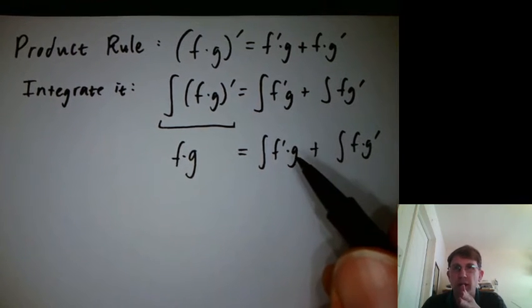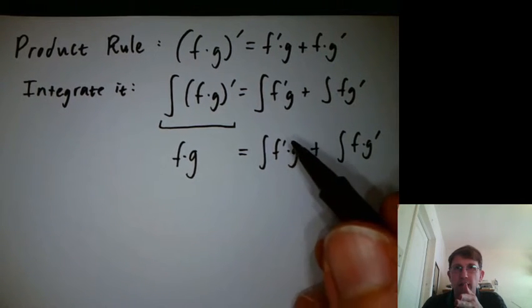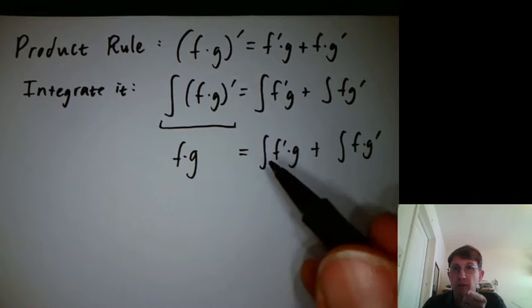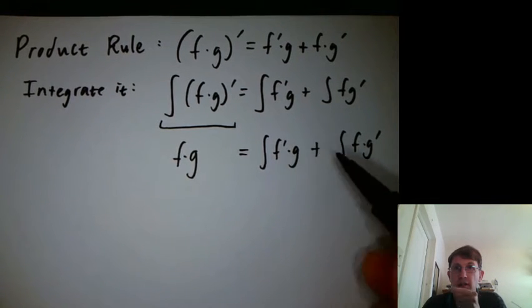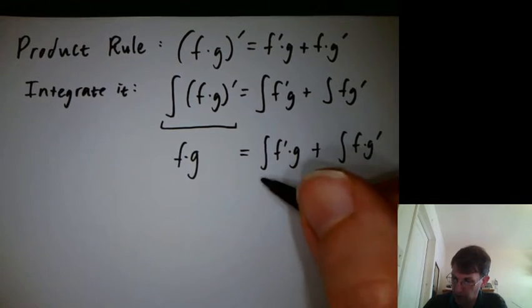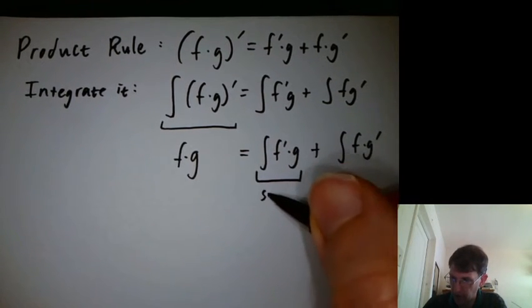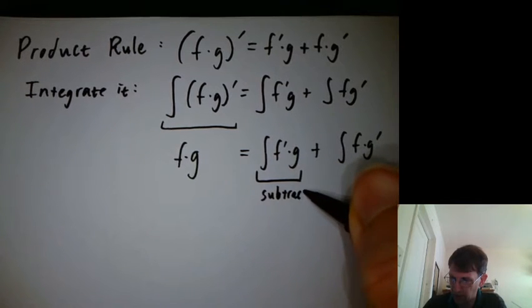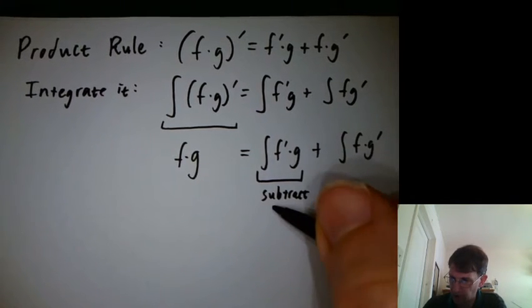Now we're going to do something unintuitive. Let's take this and subtract it from both sides to get just this thing all by itself. Because if we want to have a rule for integrating stuff, it would be nice if we had just one integral on one side of the equation, right? So we're going to take this and subtract it from both sides.